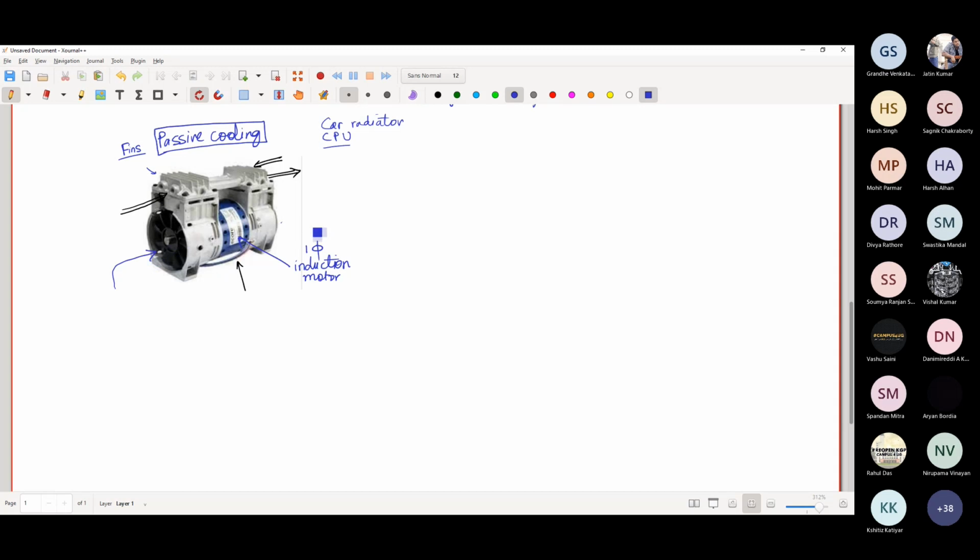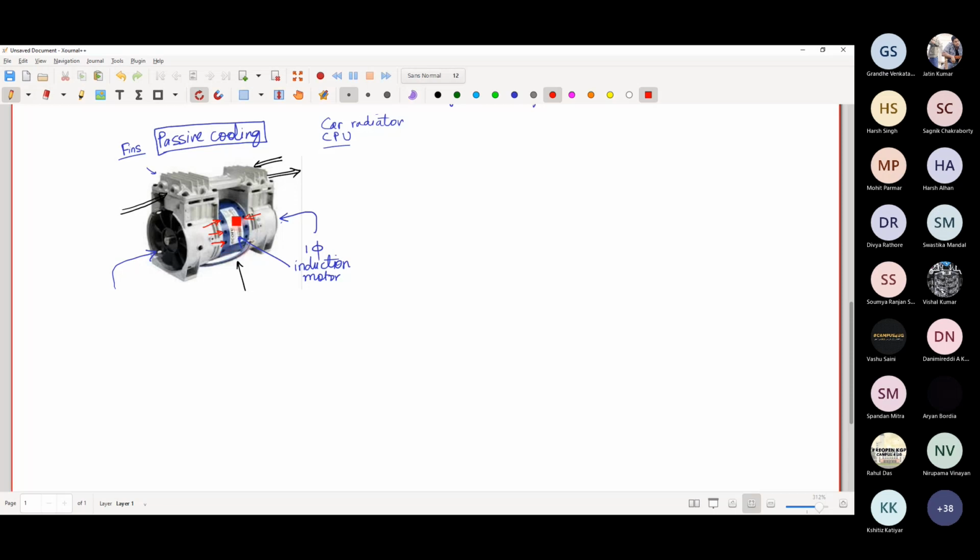Air is drawn from here, flows over the coils of the induction motor, and is thrown out through these holes. If you can observe these holes, this hole, this hole, this hole. So it's drawn in, thrown out, all in order to keep the induction motor running cool.